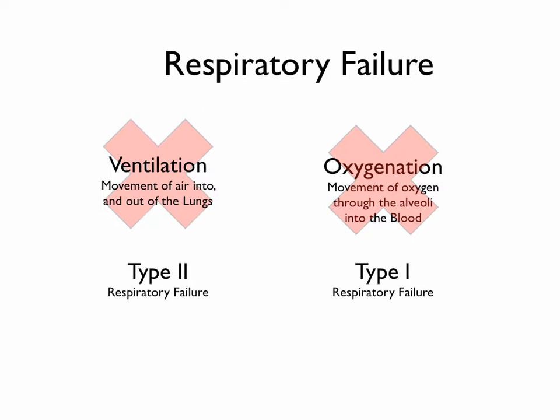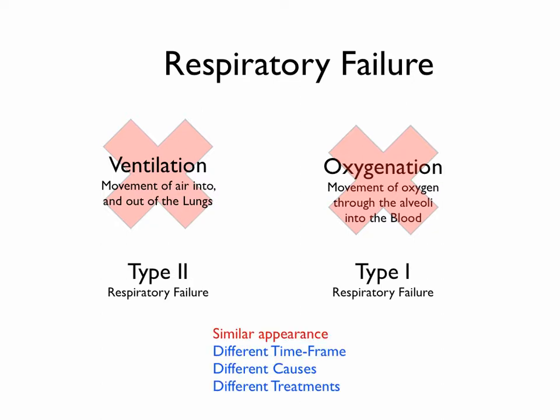And because these two processes are very different, the causes of these failures, type 1 or type 2 failures, are again very different. However, they do appear similar in many situations, but they are of a different cause that occur within a different time frame, and very often their treatment can be very different.